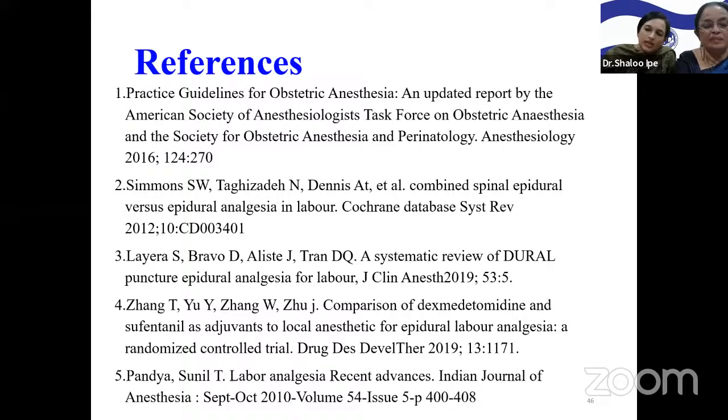And textbooks say that if the platelet count is above 1 lakh, you don't actually need to see the coagulation parameters. But as a dictum, if the patient has BP of 140 over 90 or more, we repeat the PIH profile, and we look for coagulation parameters just in indicated patients.